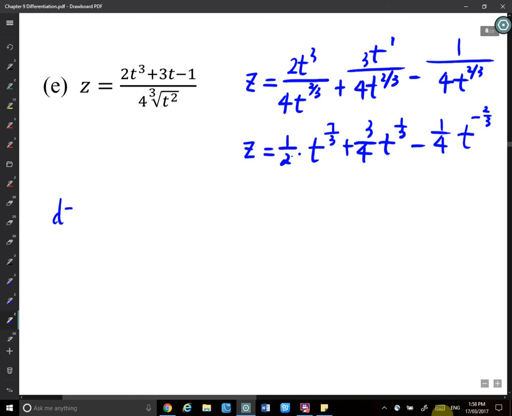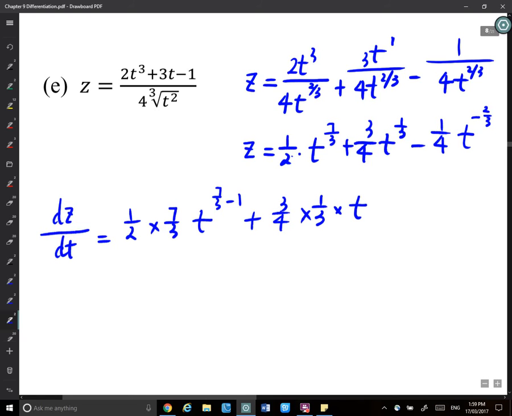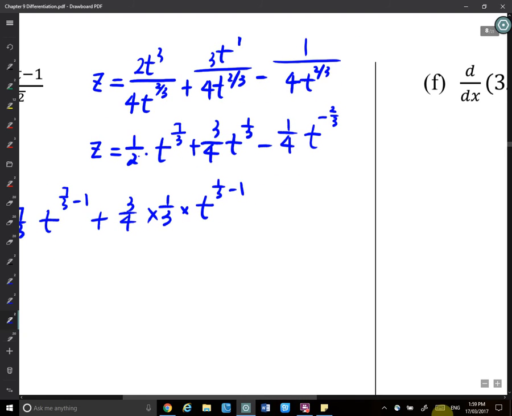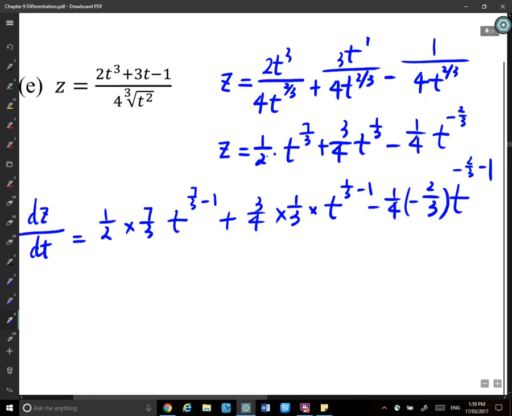Now you can find the differentiation. So it's dz over dt, which will give you a half times 7 over 3 t to the power of 7 over 3 minus 1, plus 3 over 4 times a third times t to the power of a third subtract 1, minus a quarter times minus 2 on 3 t to the power of negative 2 on 3 minus 1.